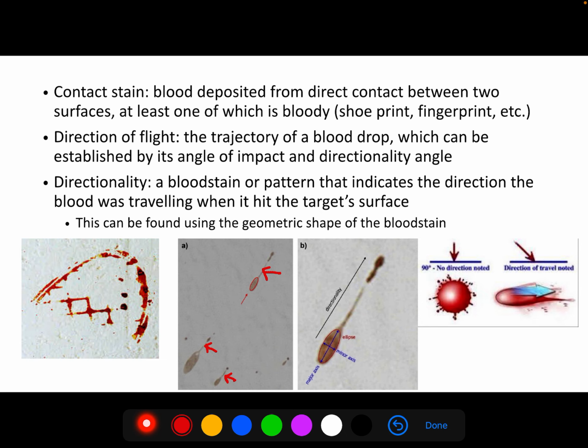If the blood drop is truly circular, like this one on the right, that indicates that there's no direction. It was dropped from straight down, versus if it's coming in at an angle or from the side, it will have a tail and be elongated more like a teardrop versus a circular droplet.